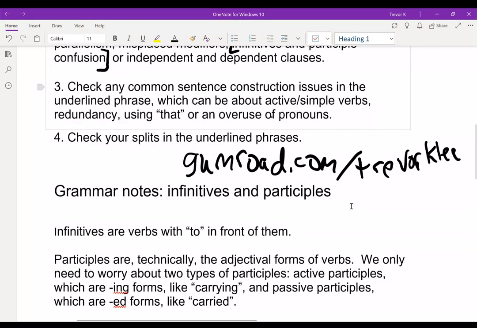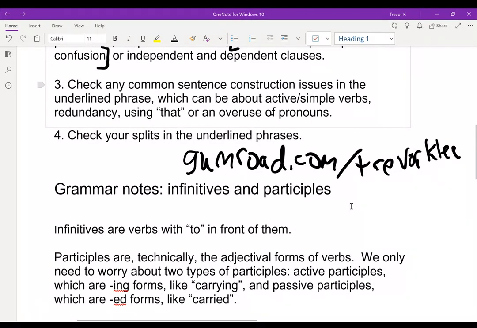So first of all, what are infinitives? Infinitives are verbs with to in front of them. To run, to sit, to play. One thing you should notice here is these are not simple verbs. In fact, they can't really be used as verbs in the same way that other words are used as verbs.